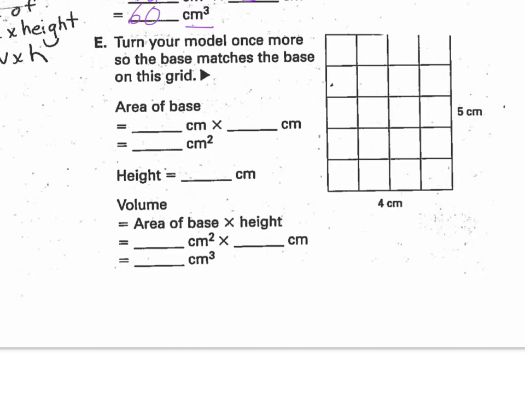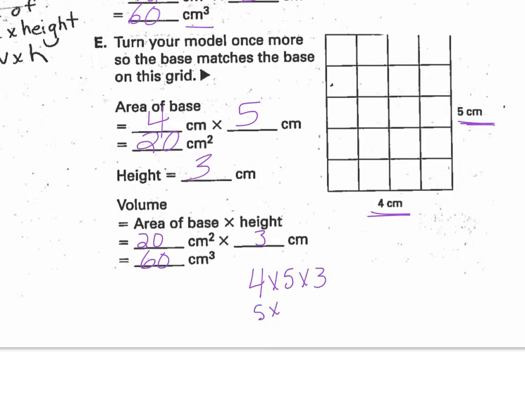If I take that same box and turn it a different way, so my base is 4 by 5 centimeters, 4 times 5, the area of the base is 20. The height this time is 3. 20 times 3 is 60. It does not matter which number you put first. It will always multiply out to be the same.